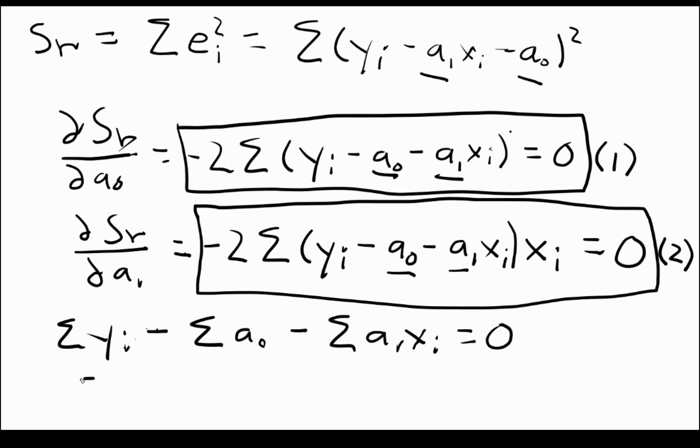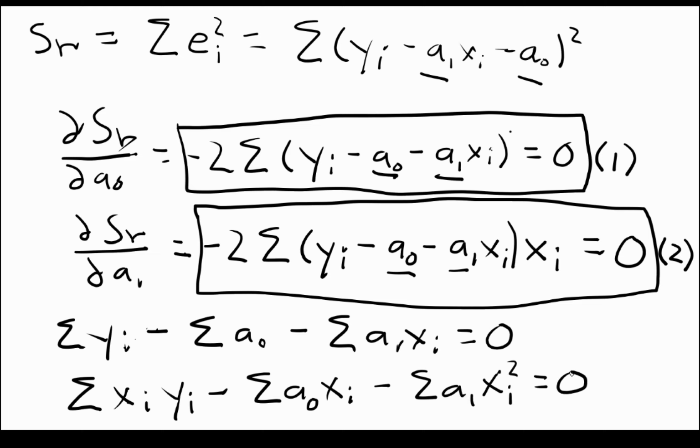And then from the second equation we get sum over x times y minus sum over a0x minus sum over a1x squared is equal to 0.